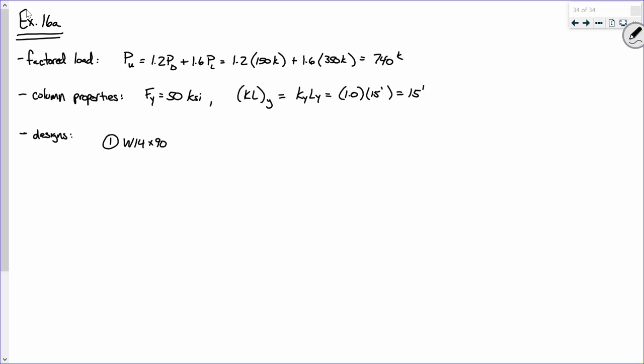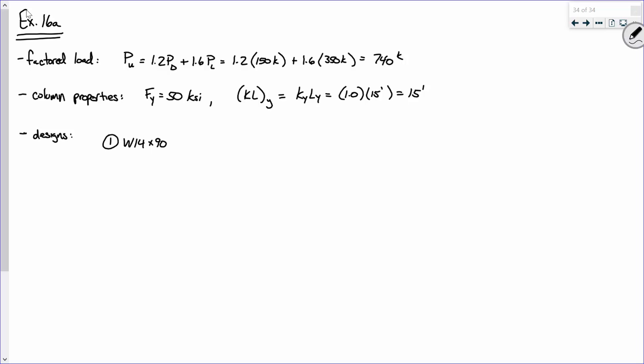Now, hold on. What page is everybody on? 4-15. So if you aren't on 4-15, get on 4-15. Okay, we're on 4-15. Now you picked W14 by 90.